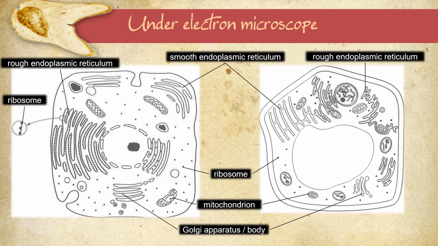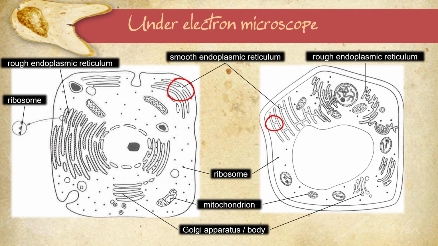What I noticed is that for Golgi bodies, they are actually not linked together. For smooth endoplasmic reticulum, we can see there's some bridge joining one stack to another. So for O-level, for Cambridge, they represent smooth ER using those joining bridges, while for Golgi bodies, it's completely separated.